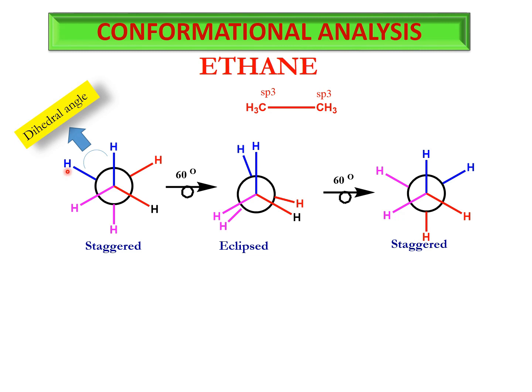And because this has moved 60 degrees, this hydrogen in red, which is also attached to the circle, will also move 60 degrees clockwise, and it will end up right behind this red hydrogen here. This pink hydrogen will move again through 60 degrees clockwise, and it will end up right behind this pink hydrogen.